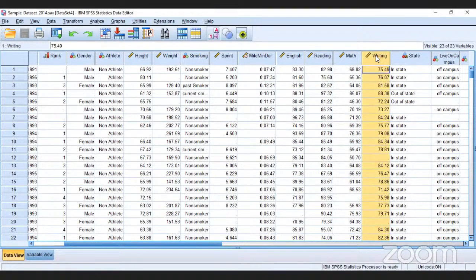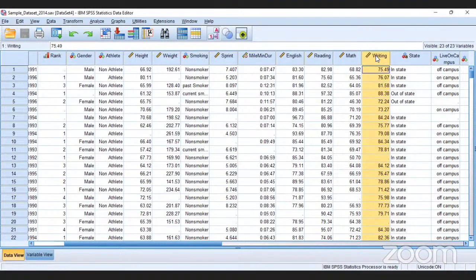Now, there are 2 scenarios. They have marks for the first, which is the reading, and they have marks for writing. You get it? Yes. Normally, this can constitute 2 variables. Do you get it? Not necessarily 1 variable, but I want us to see that we are trying to treat them as, maybe the first reading and the second writing, as reading 1, reading 2, just to make it uniform, right?